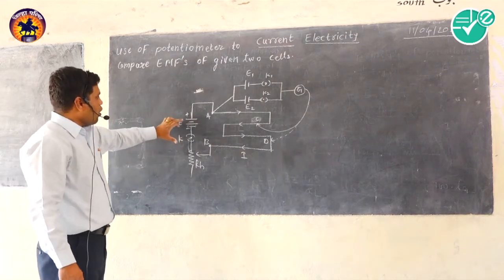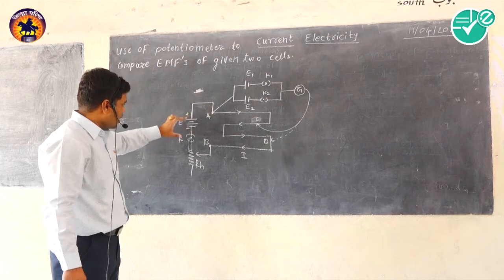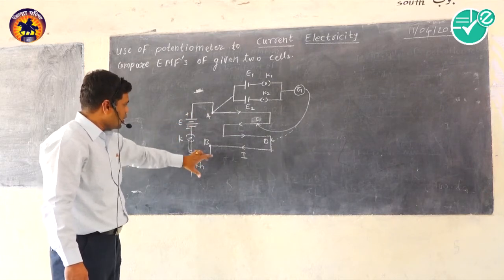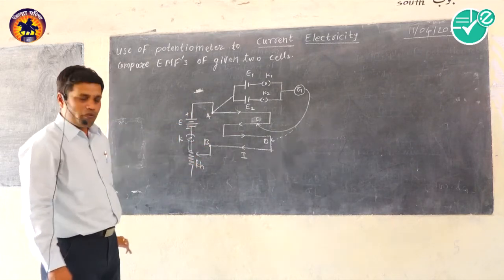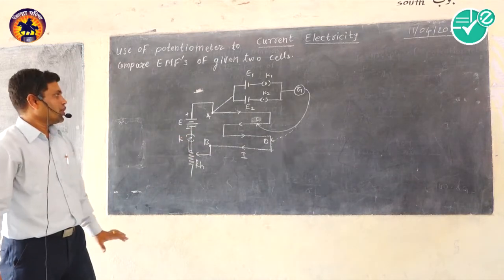Now the positive terminal of a battery is connected to point A of the potentiometer wire, and the negative terminal of the battery is connected to point B of the potentiometer wire via key K and rheostat RH.